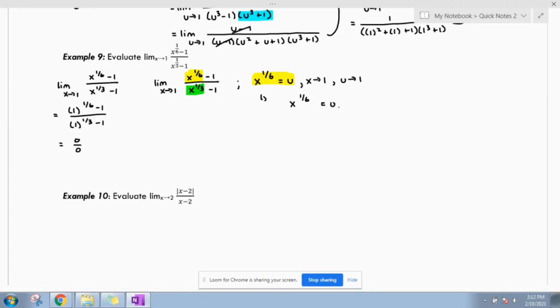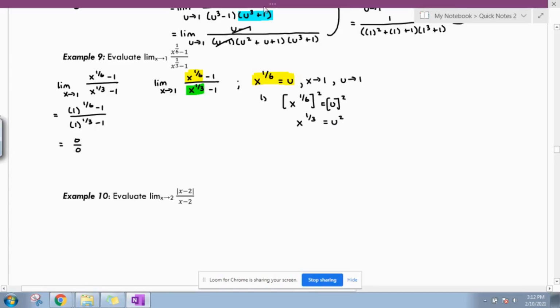I can raise both sides to the exponent 2. So if I do that, I'm going to be left with x to the exponent 1/3 equals u squared. What I've done here is I've rewritten x to the exponent 1/3 in terms of u, and it just so happened to be u squared.